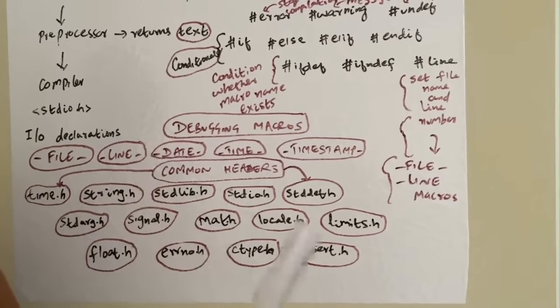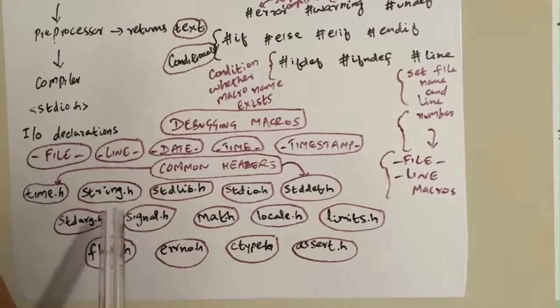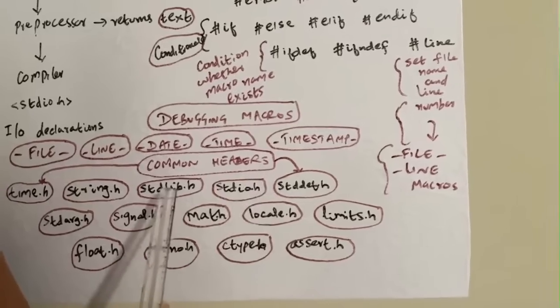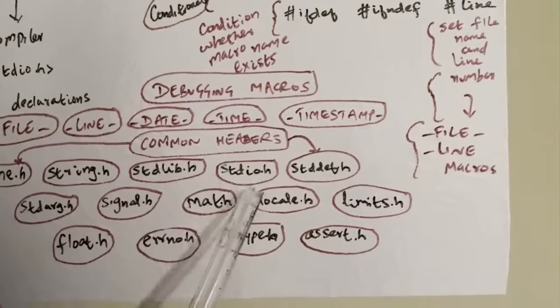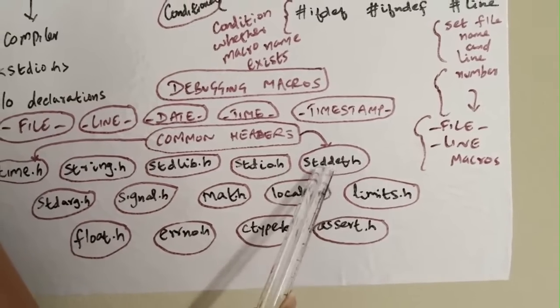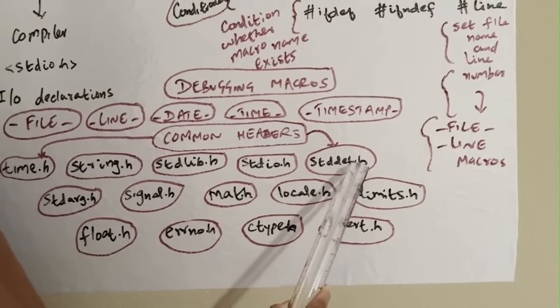Instead of writing your own function, you can use the standard library of functions. We are actually calling the standard library: stdlib.h, standard input output stdio.h, and stddef.h, standard definitions.